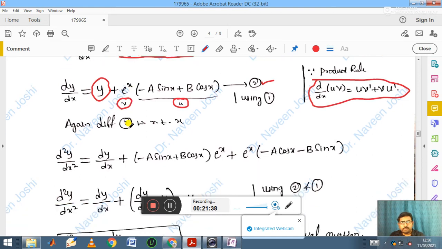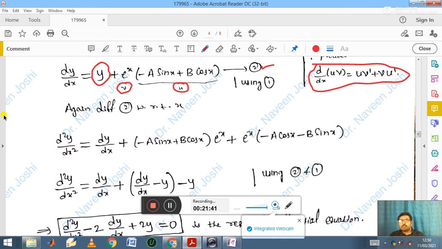So the second order derivative d square y by dx square equals, here y differentiation gives y dash, that is dy by dx, plus the first function minus a sin x plus b cos x as it is, times the differentiation of e power x, which is e power x itself, plus the second function e power x as it is, times the differentiation of the first function. Differentiation of minus a sin x gives minus a cos x, and differentiation of b cos x gives minus b sin x.